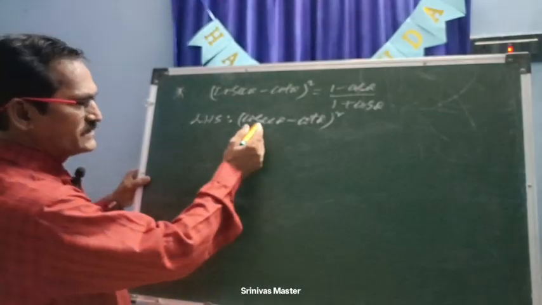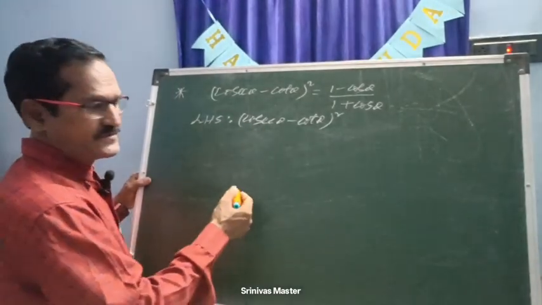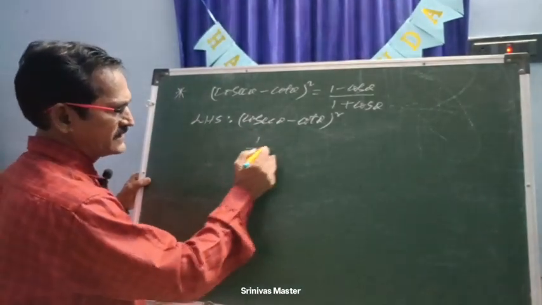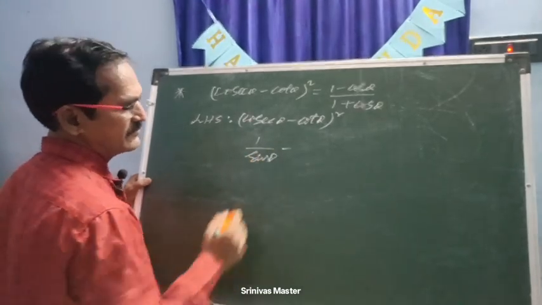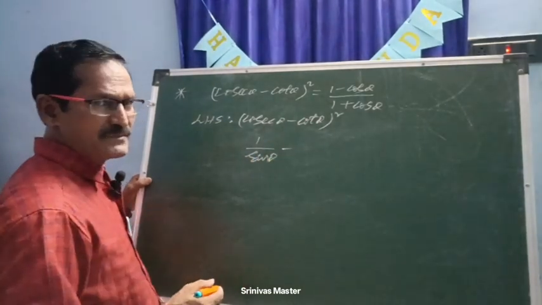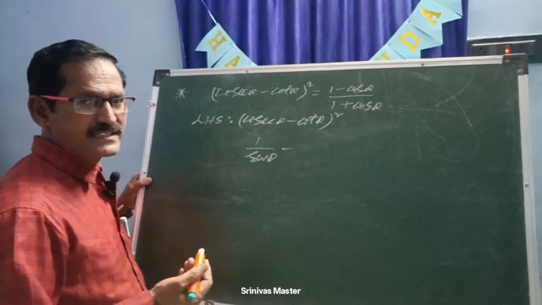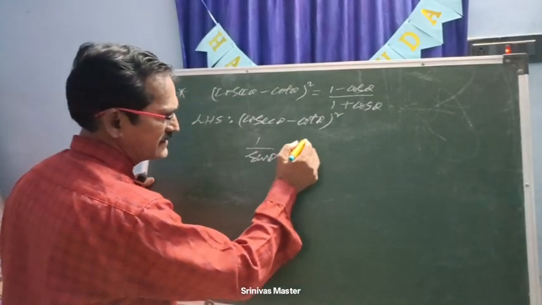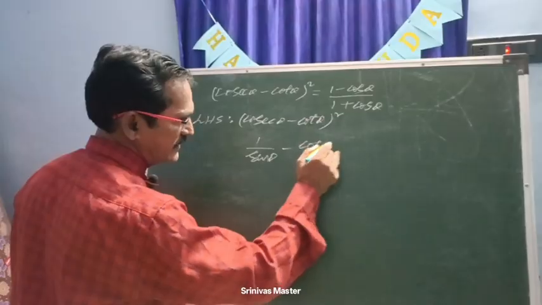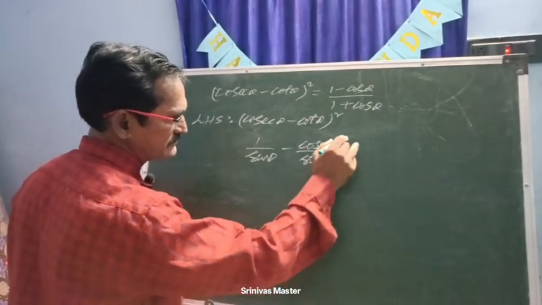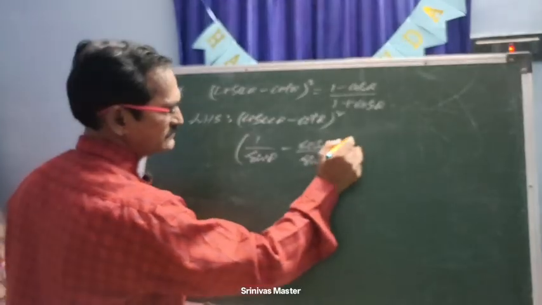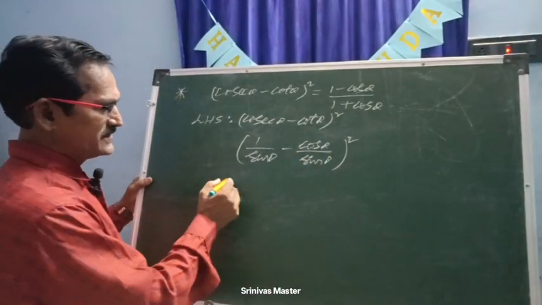So cosec theta can be written as 1 by sine theta minus cot theta, and in that place you can write cos theta by sine theta, whole square. Right?